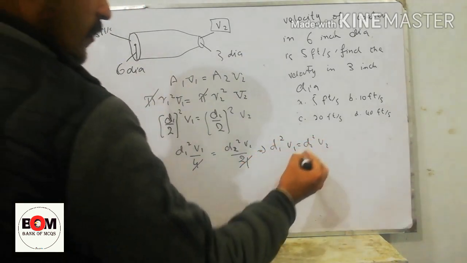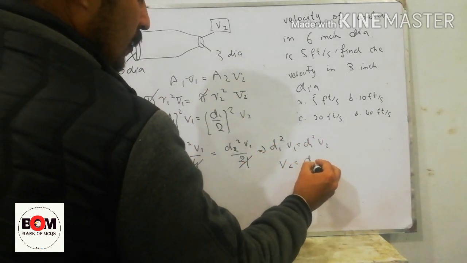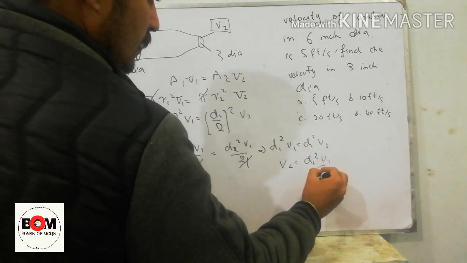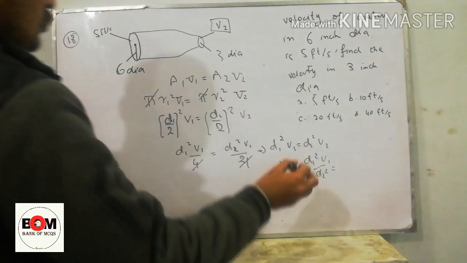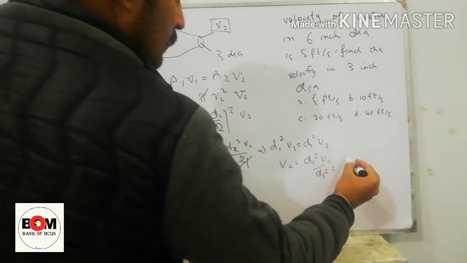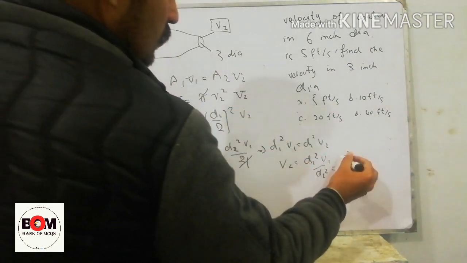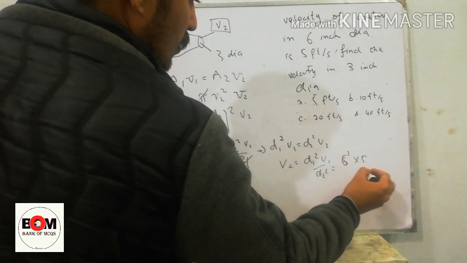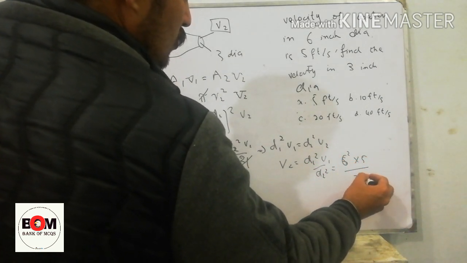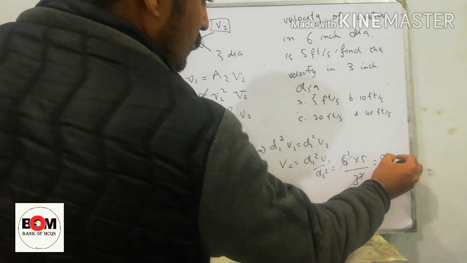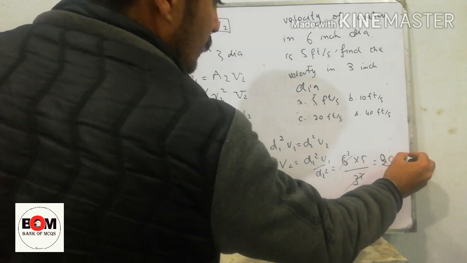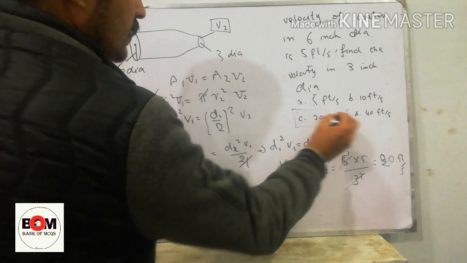To find V2, we get d1 square V1 divided by d2 square. That is 6 square multiplied by 5, divided by 3 square, so 9 fours are 36, and again we get 20 feet per second.